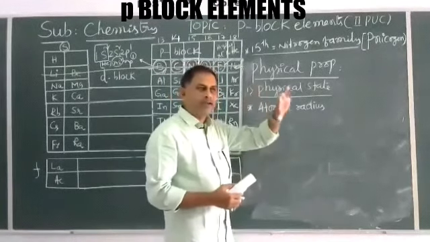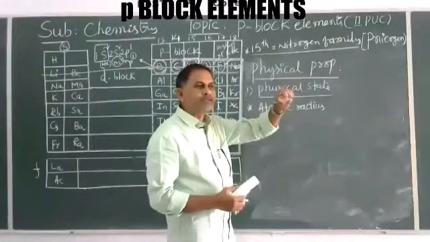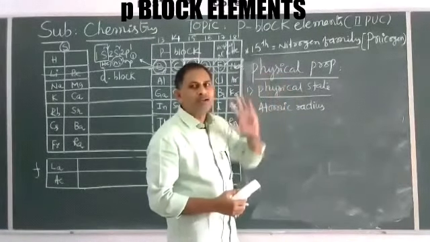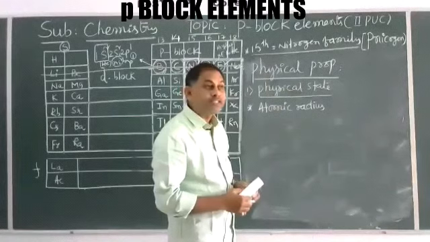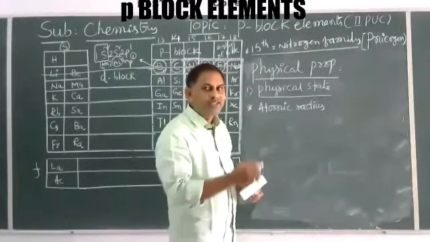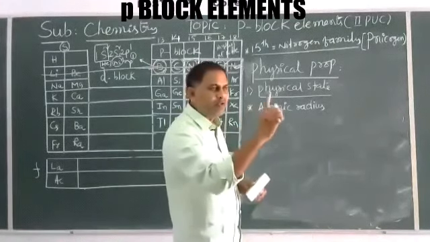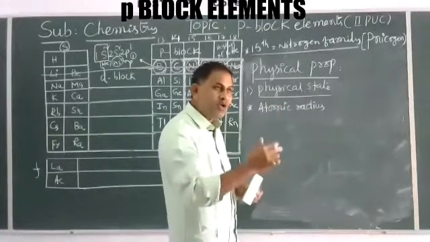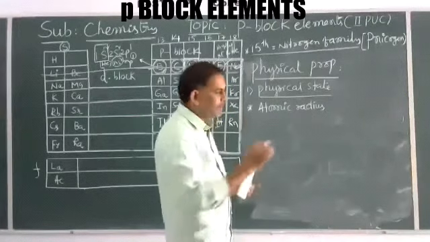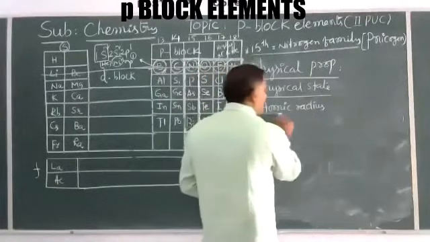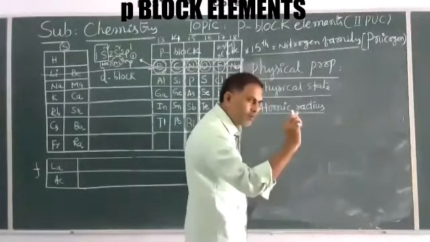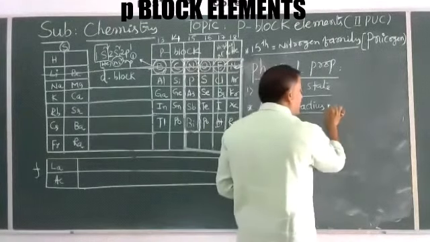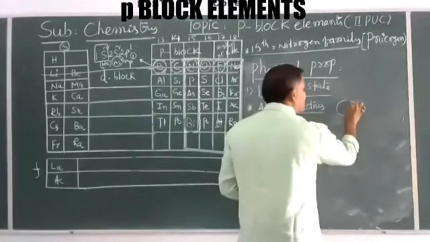On the basis of ionic radius in the periodic table, one very important concept is isoelectronic species. Based on isoelectronic species, we will get one guaranteed question: which of the following species is the largest size, or smallest size?